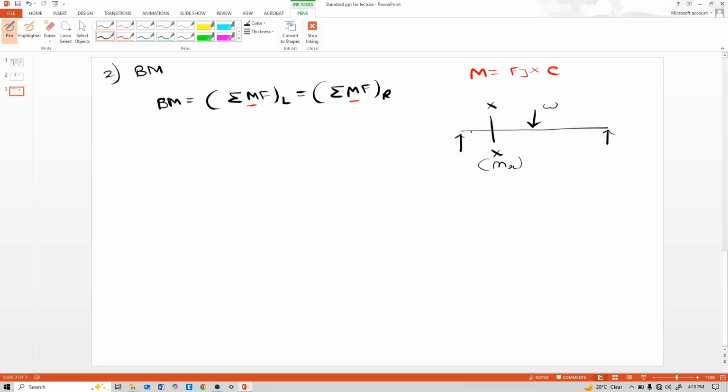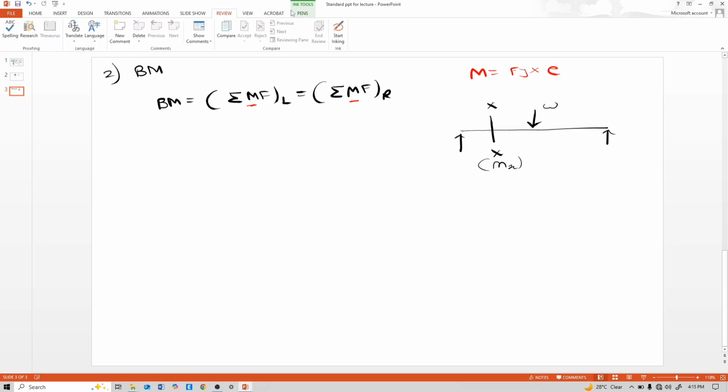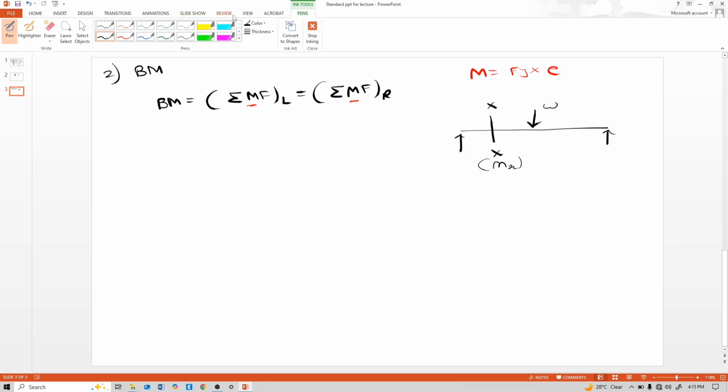So see here, bending moment is summation of moment of forces either left. So here this is left side and this is right side. So left side moment of this force is this force multiplied by this distance, something distance x.